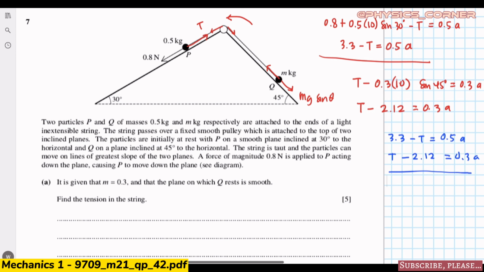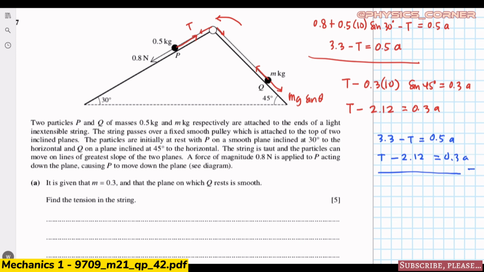We add them, so we can cancel T. So this is 1.18 equals to 0.8a. So a equals to 1.18 divided by 0.8. This equals to 1.47 meters per second squared.